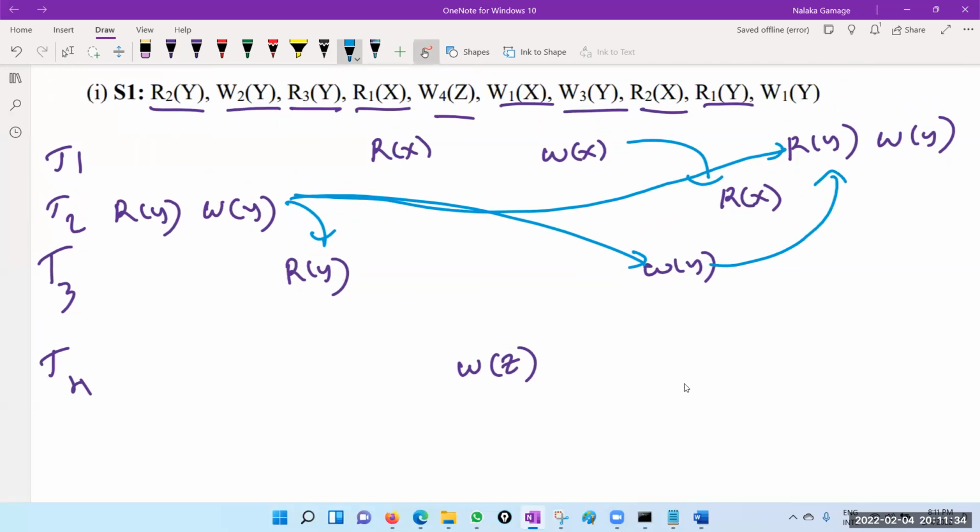T2 to T3. Again, T2 to T3. T1 to T2. T1 to T2. And T3 to T1. Cycles are there. You can see cycles are there. So therefore, this is not a serializable schedule. T1, T2, T3, again T3 to T1.